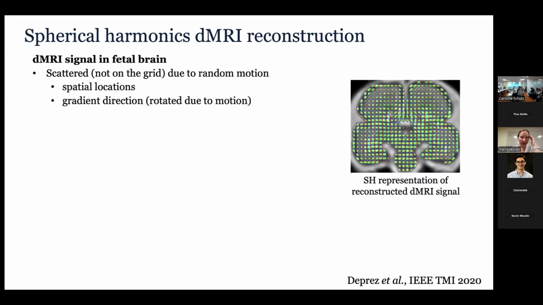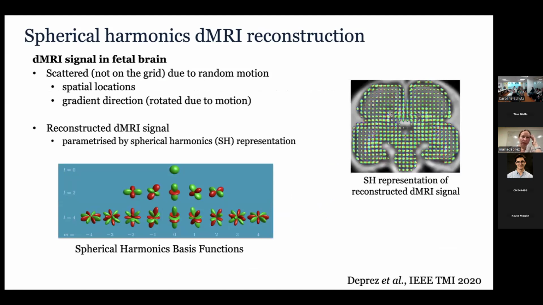So basically what we need to do is have a parametric model to put everything on the grid, and we chose to use spherical harmonics to make it consistent with MRtrix and with all the post-processing after. Spherical harmonics are functions on the sphere, and here is a visualization of what the basis functions look like.